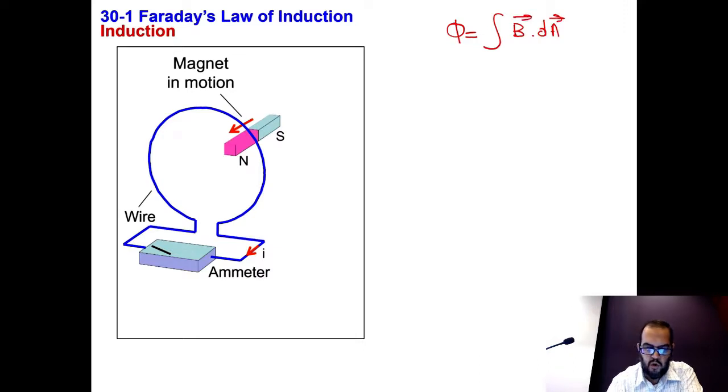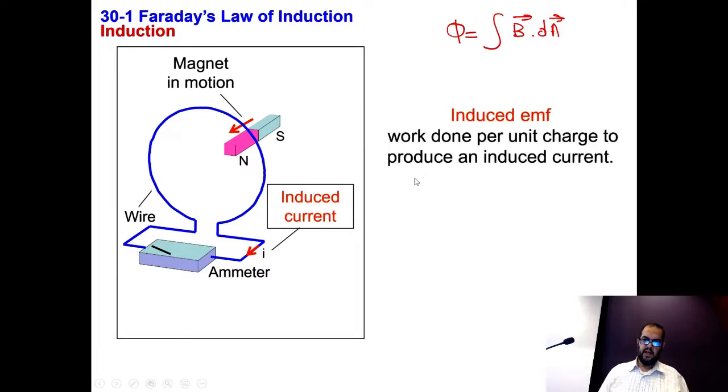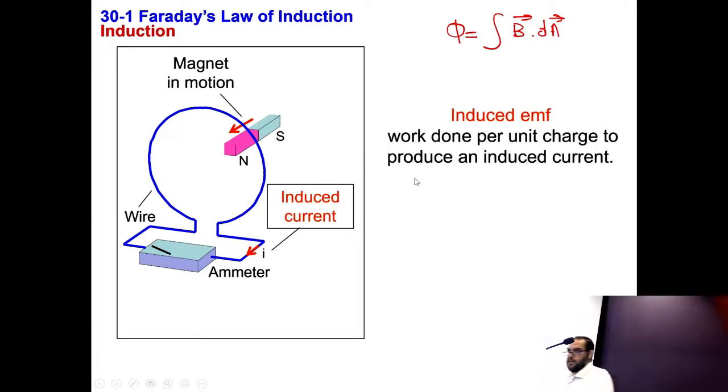Okay? So, the flux through this loop is changing. And as you change the flux, it induces the current. And we will see the equation later on. Okay, so this is what we call an induced current. This induced current is as if there is a battery, as if for a short moment you're introducing a battery, when in reality there is no battery. That's why we call it induced EMF.